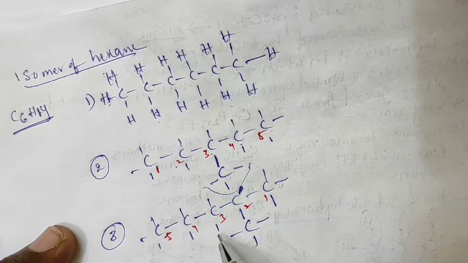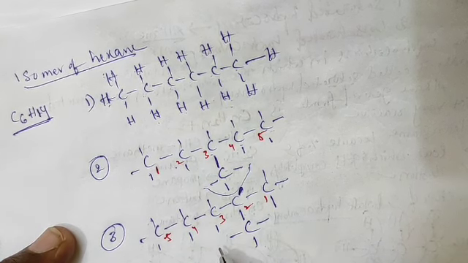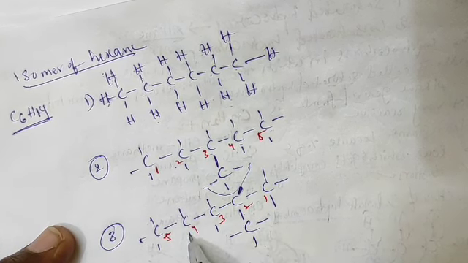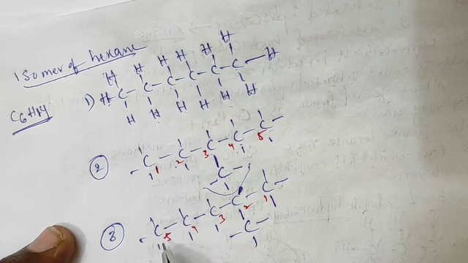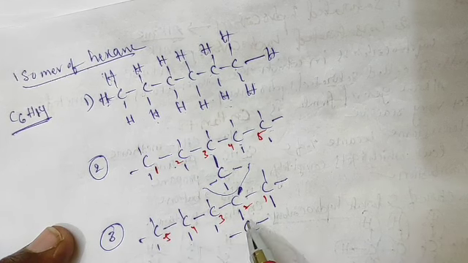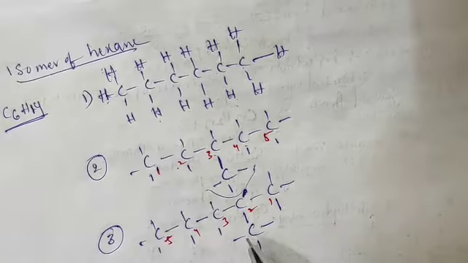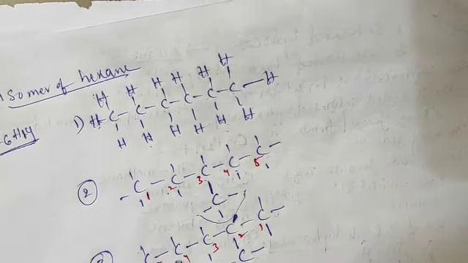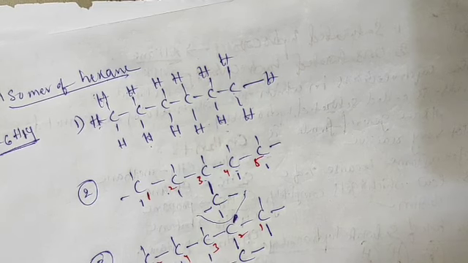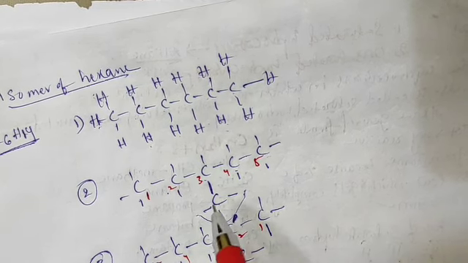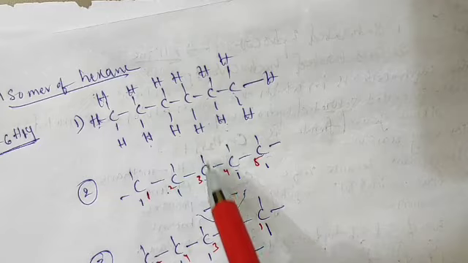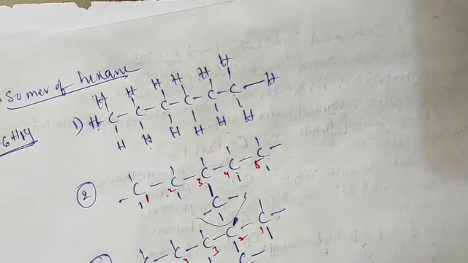If I write this carbon here, the same formula will come. If I write this carbon here, this side you can take 1, 2, second carbon having a carbon branch, both are the same. Here I want to write this carbon here or here, both are the same. This carbon here and above are the same. So only these 3 are possible.